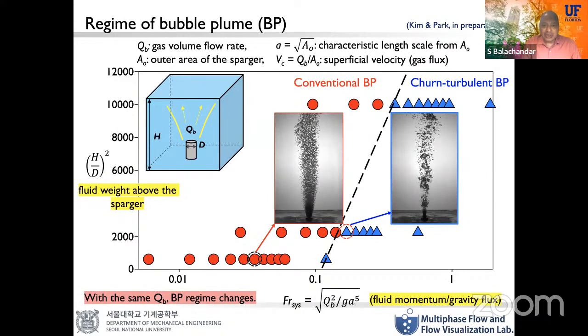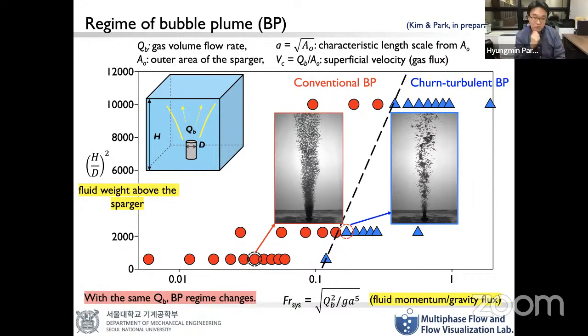In one case, you had a homogeneous distribution. In the other one, you had instability and some clustering happening. Now, what is the role of the Froude number in this one? I wanted to understand why this value of about 0.1 to 0.5 demarcates these two regimes. So whether you have any thoughts on it, I was curious.